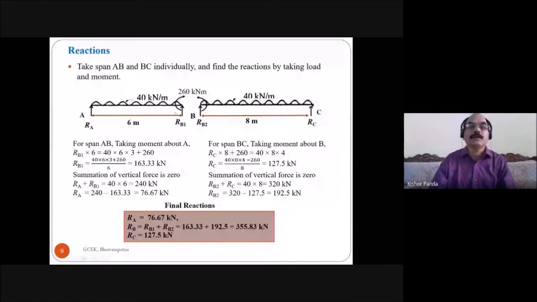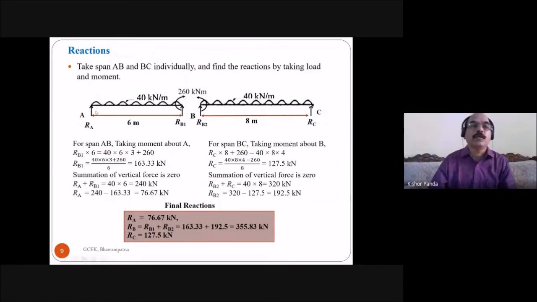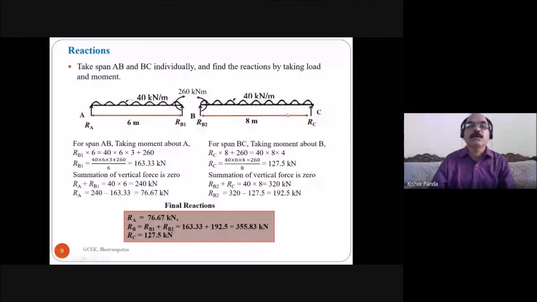So when we are taking the AB span, this is right side, so you have to take clockwise. When you are taking the BC span, you have to take left side B, so you have to take anti-clockwise. So for this negative moment 260 kilonewton meter, this is the direction of the moment.